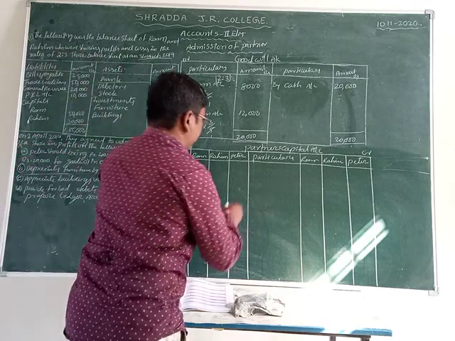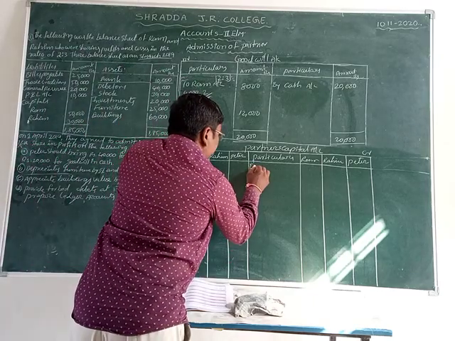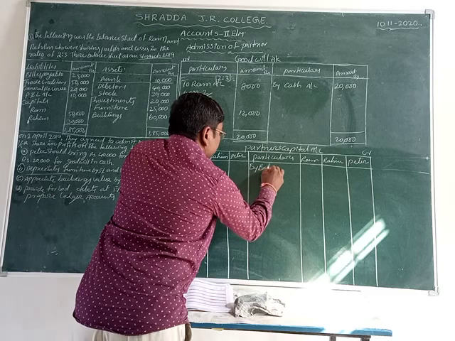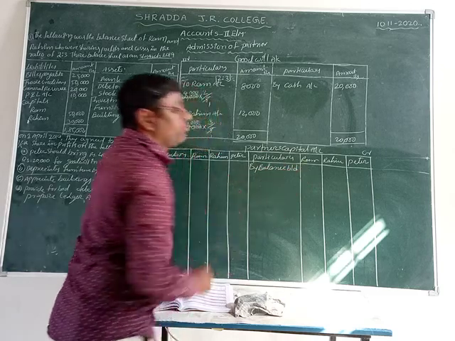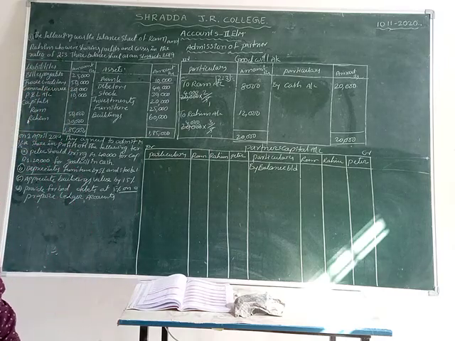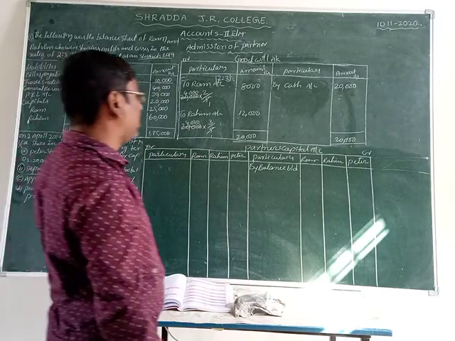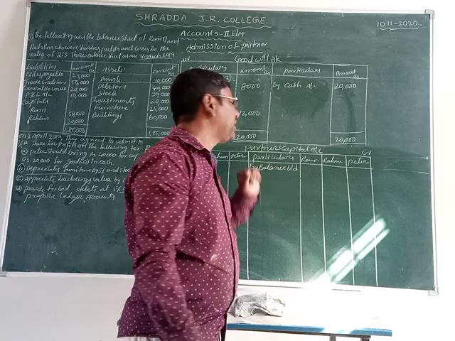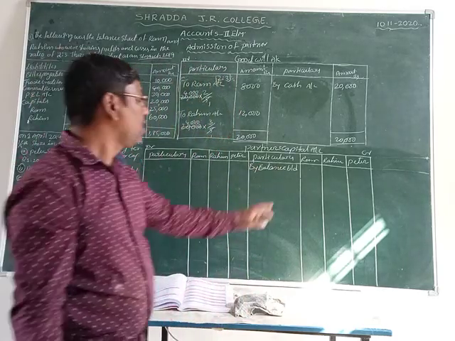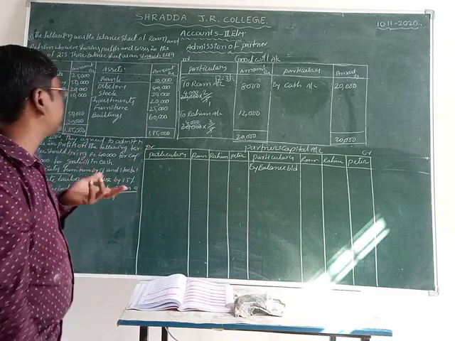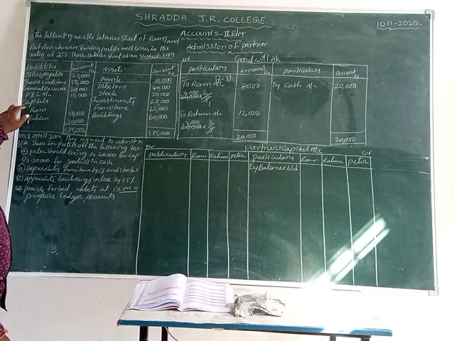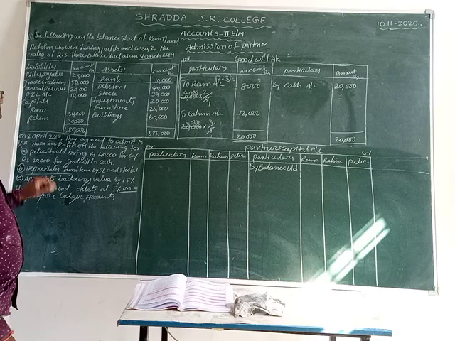Okay, students, let us take the first one by balance brought down. What is the value of balance brought down? It is the capitals of the partners. Ram capital is 50,000.